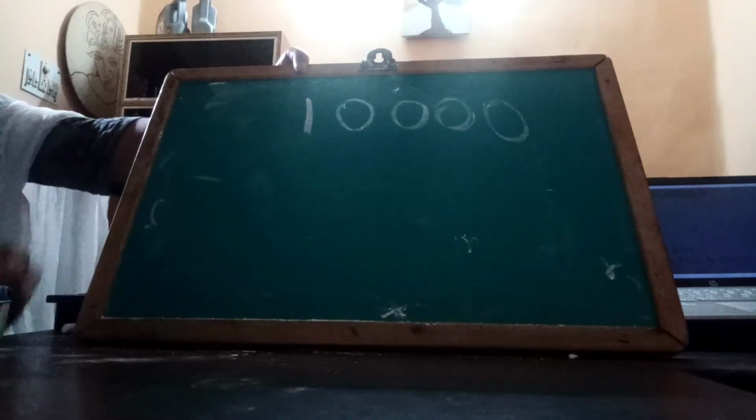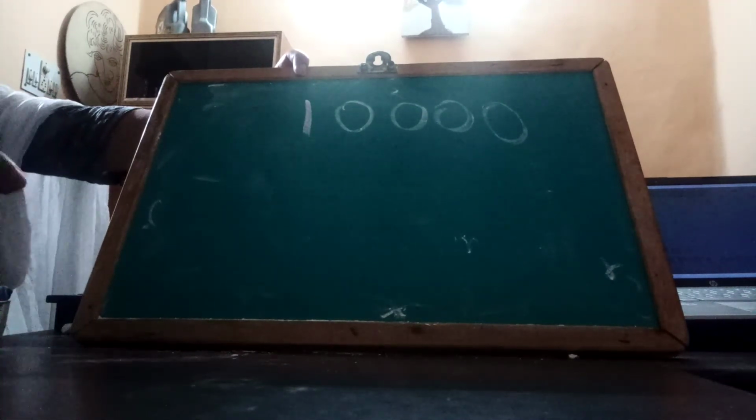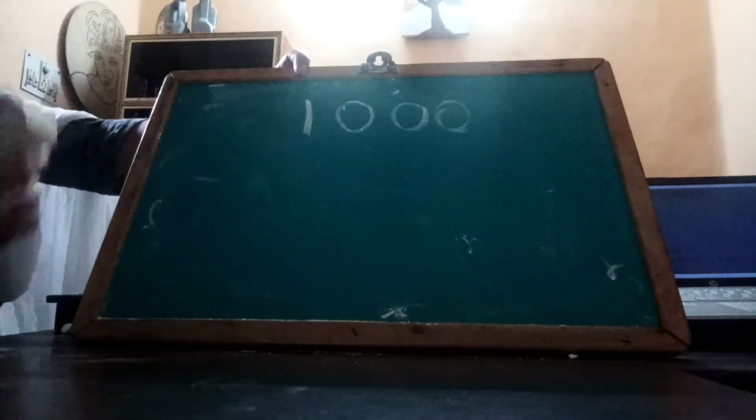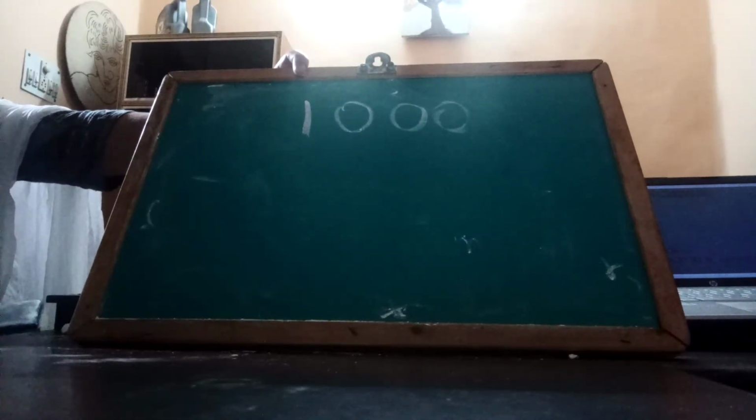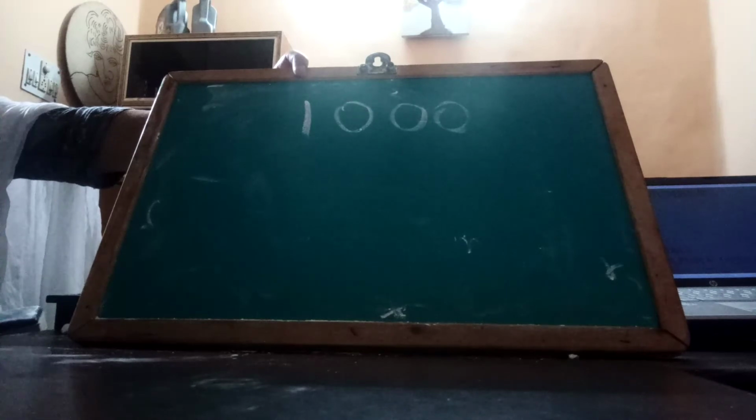So 4 more zeros I will add. This is how I write the smallest 5-digit number. If I make it the smallest 4-digit number, I'll just rub out one 0. So whenever you are writing the smallest number, smallest 3-digit, smallest 4-digit, smallest 7-digit, whatever it is, the first number will be 1 and all the numbers after it will be 0.